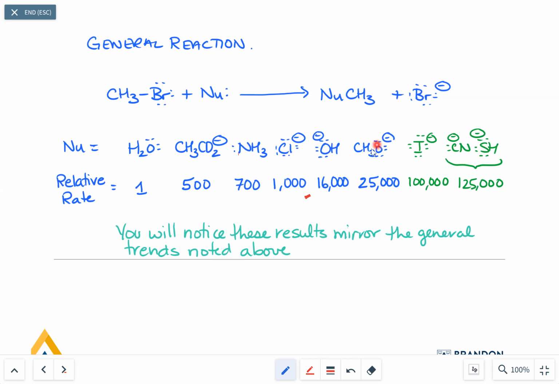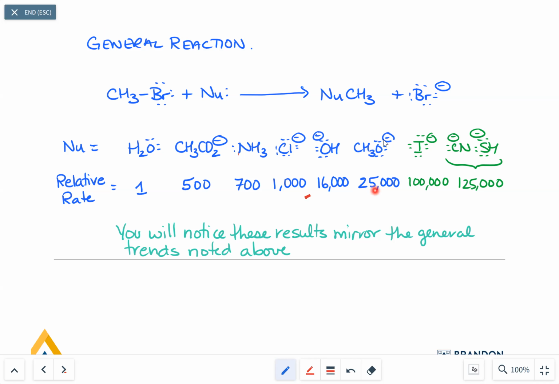And you can think here, comparing hydroxide to methoxide, you've got a methyl group which could push electron density, which would make this oxygen even more nucleophilic. This is sort of an example of how methyl groups or alkyl groups donate electron density. So if this is pushing lots of electron density towards this oxygen as a donator, it's going to make this even more reactive.